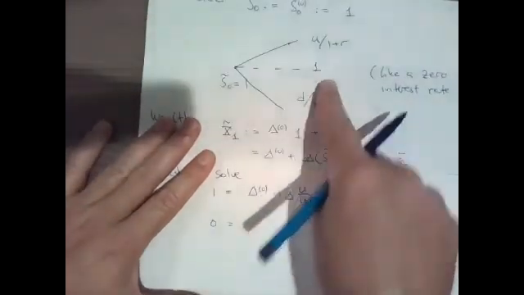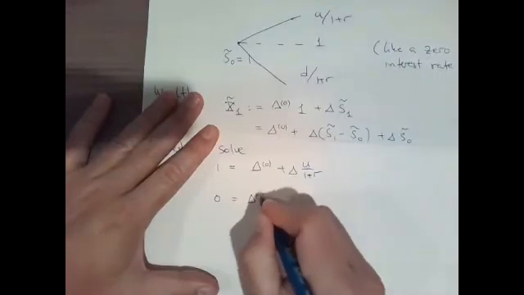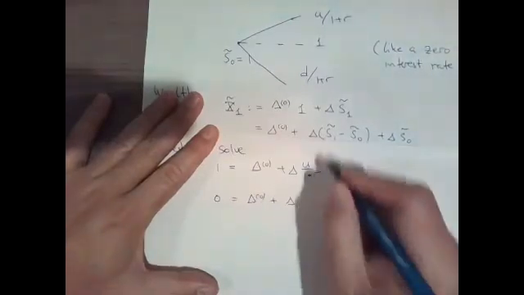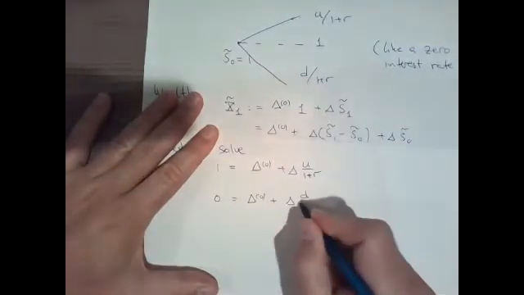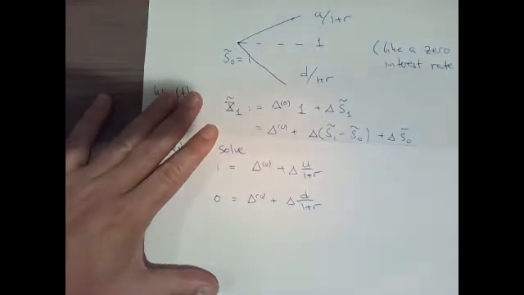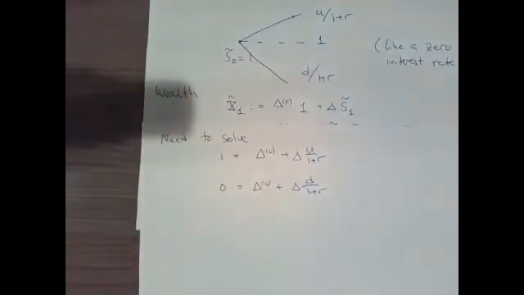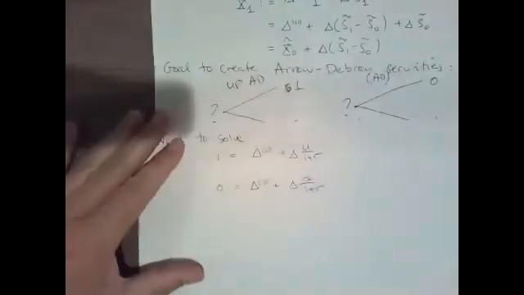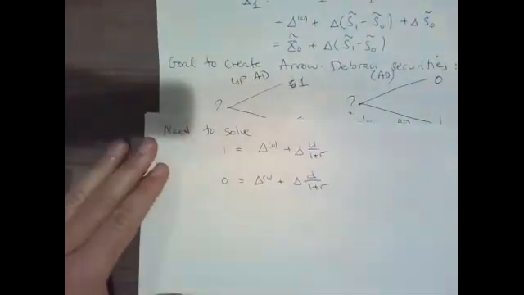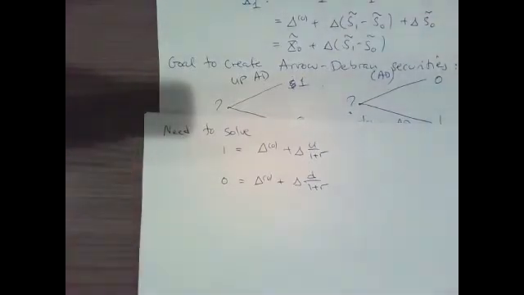So that was in the up state. We do the same thing in the down state. Delta 0 plus delta times d divided by 1 plus r. So just as last time, we have two equations and two unknowns, and now we're going to go ahead and solve it.